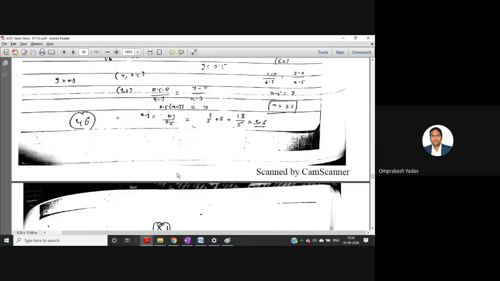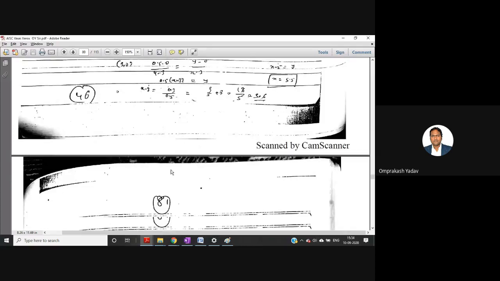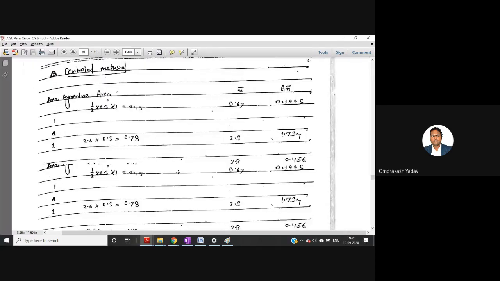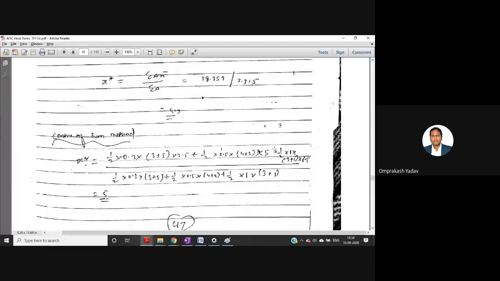X bar will be 3 divided by 2, 1.5. From 5 it's 1.5, and from the origin, so just take from the origin, it will be 6.5. Multiplied by 6.5, 1 by 2 into 1 plus 3 plus 1 into 6.5, divided by all this area summation which we have calculated.